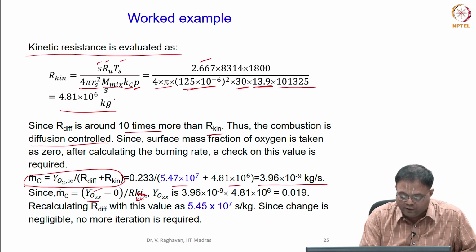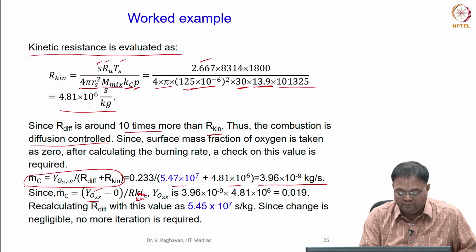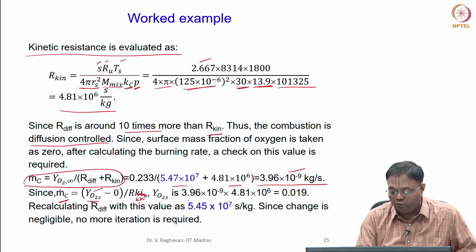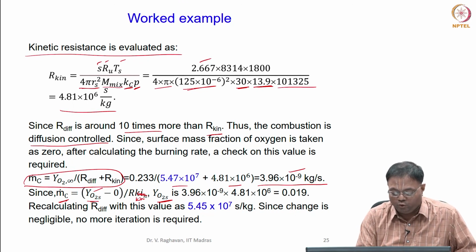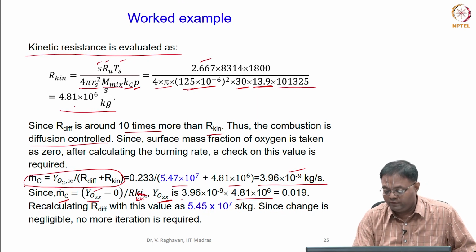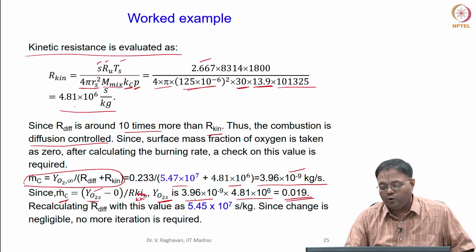Now I try to estimate YO2 from this with the known value of MC. I get YO2S as MC into R kin. So R kin is this, into MC is this. Substituting and multiplying, I get YO2S as a very low value, 0.019.